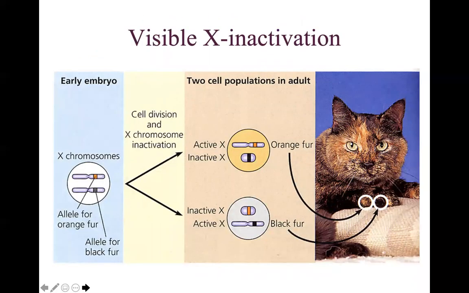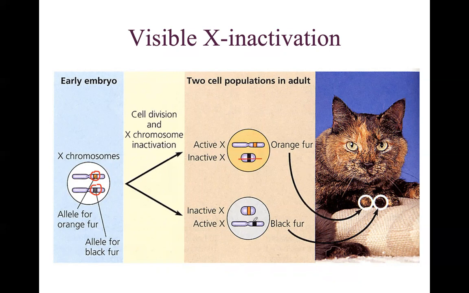We see this inactivation better in cats because cats have fur and the fur color is on the X chromosome. So in this case, you see that here we have an orange and here we have a black. These are the pigments on the two chromosomes, on the two X's. Here we have X inactivation of the black, which means that fur is orange right there.